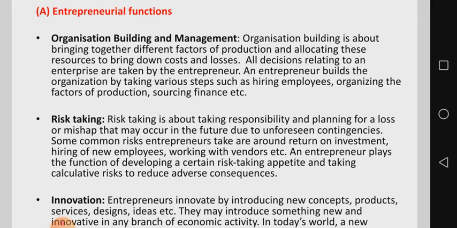All decisions relating to an enterprise are taken by the entrepreneur, and the entrepreneur builds the organization by taking various steps such as hiring employees, organizing the factors of production, sourcing finance, etc.